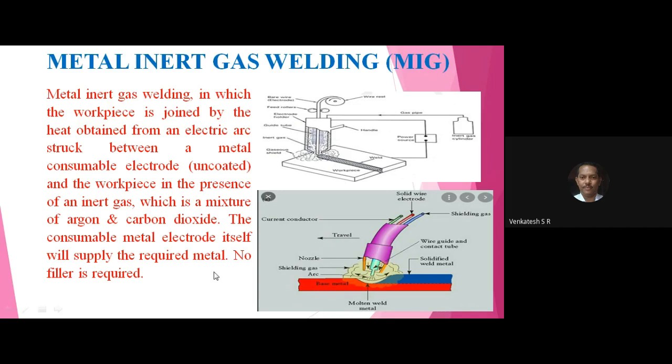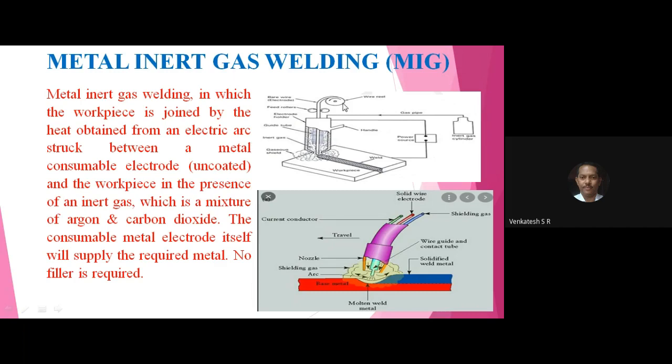Here also you can use single phase or three phase depending upon the type of metal and also thickness of the joint. The main advantage of using metal inert gas here, no requirement of filler rod.